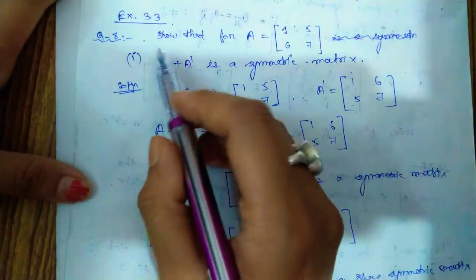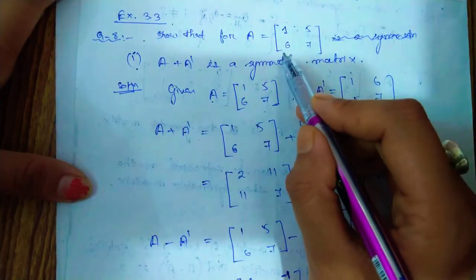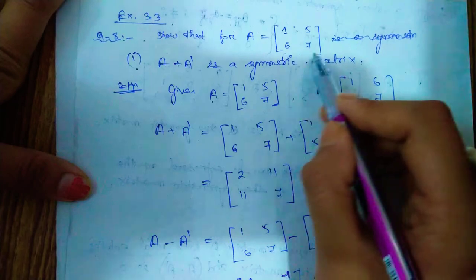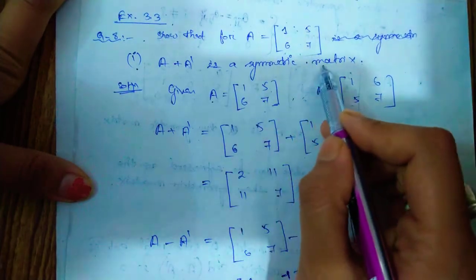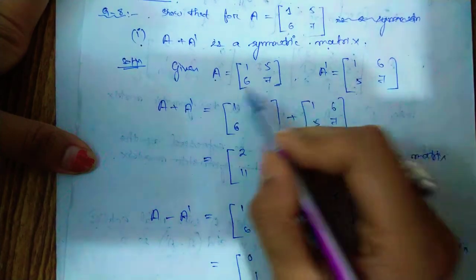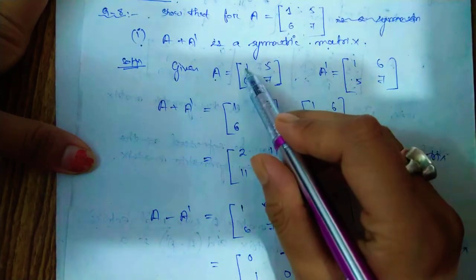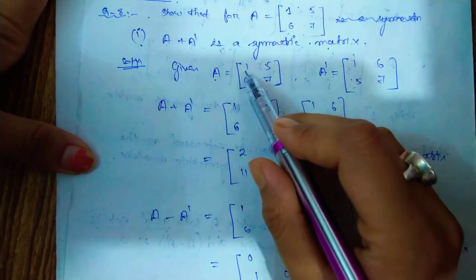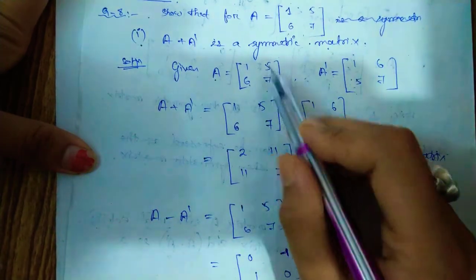So we can say any square matrix can be written as the sum of a symmetric matrix and a skew symmetric matrix. Now come to this question: we have to show that for the given matrix A, A plus A transpose is a symmetric matrix. Find A transpose by interchanging rows and columns: the first row becomes 1, 6 and the second row 5, 7.